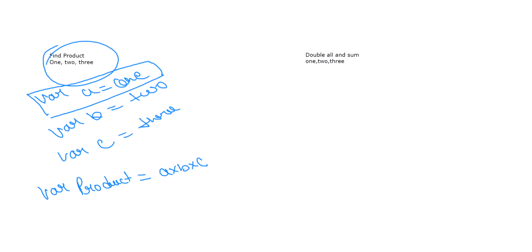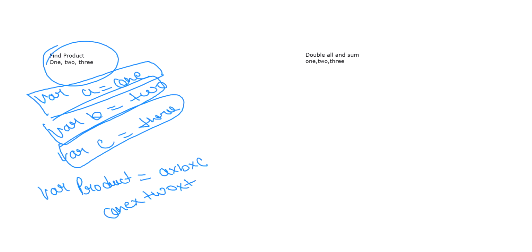You just need to write product equals a into b into c, because your values are already initialized to a, b and c. You can also write directly 1 into 2 into 3, and after that you can print that value. You just try it. I know the start of coding is very difficult.